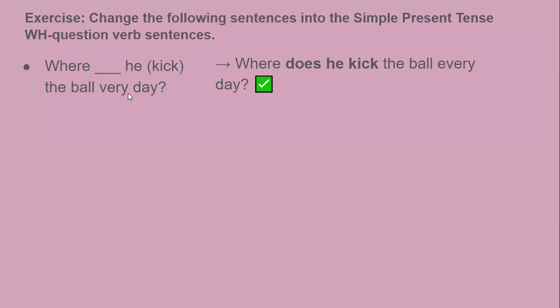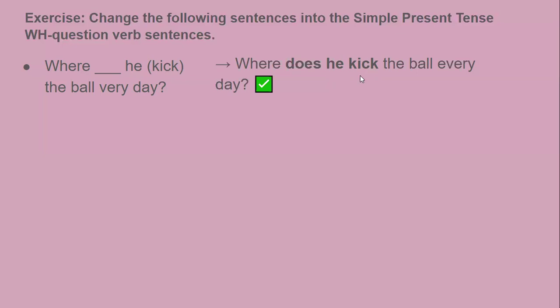Like I said, there is a typo here. It's supposed to say every day. Okay, so we've used does because the subject is he. Okay, and we leave the verb in its infinitive first form.